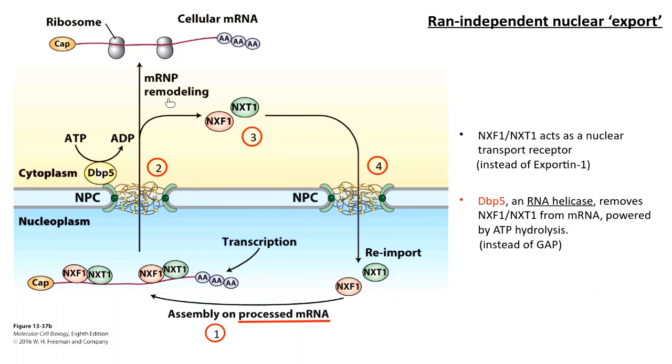Can you tell me where exactly was more concentration of RAN GAP, cytosol or nucleoplasm? If you can tell me the answer, then you're good. If you cannot, we need to go ahead and read or listen to that lecture again.